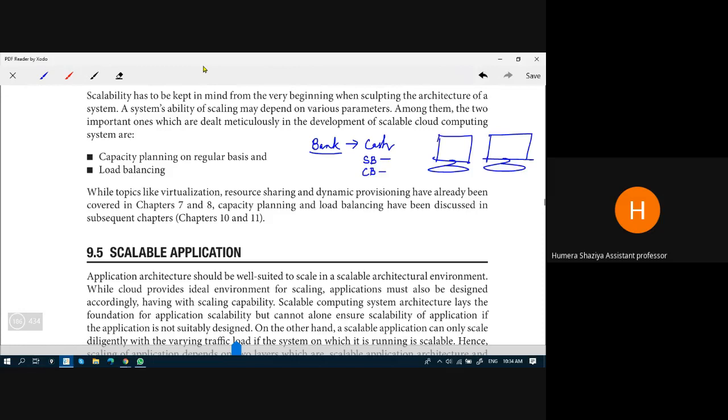If this machine, machine 1, this is machine 2, this machine is processing or executing 1 million apps, applications or processes, and this one is doing only 10,000. Look at the difference between two. And this system is not balanced.